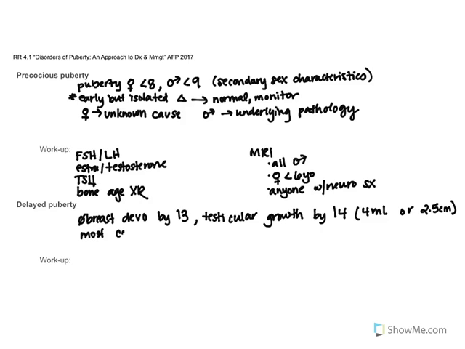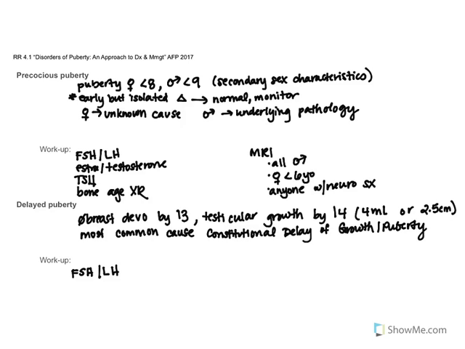The most common cause of delayed puberty is something called constitutional delay of growth and puberty, abbreviated CDGP.